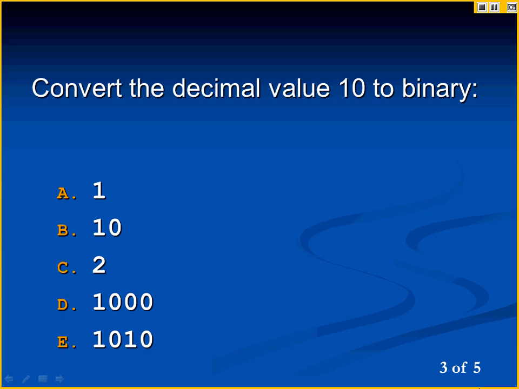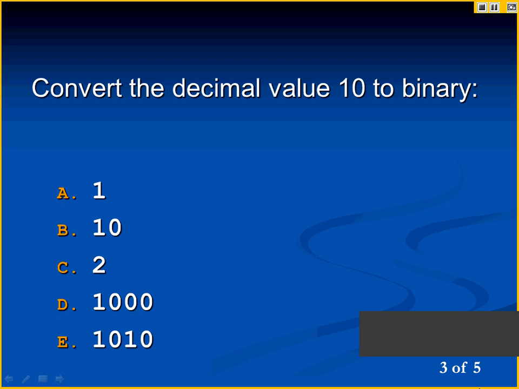I have 4 digits. So I've got 2 to the 0, 2 to the 1, 2 to the 2, 2 to the 3, which gives me a 1's column, a 2's column, a 4's column, and an 8's column. So to convert from binary to decimal, if I have the number 1001, how many 8's do I have? I have a 1. How many 4's? 2's? So I have 8 plus 1 equals 9.